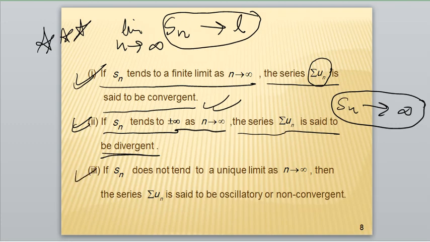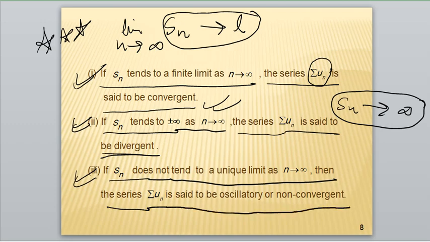Let's understand this. If Sn does not tend to a unique limit as n tends to infinity, then the series un is said to be oscillatory or non-convergent.